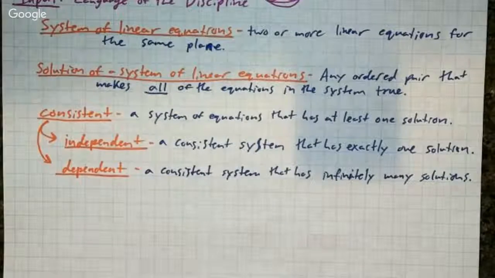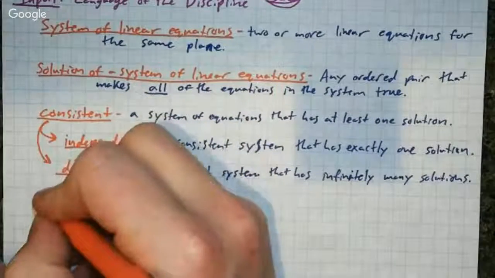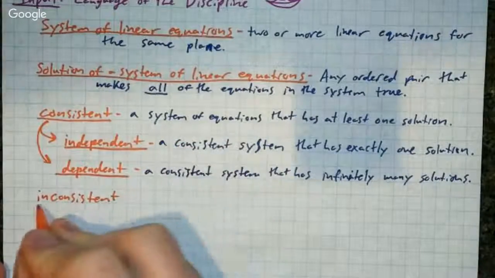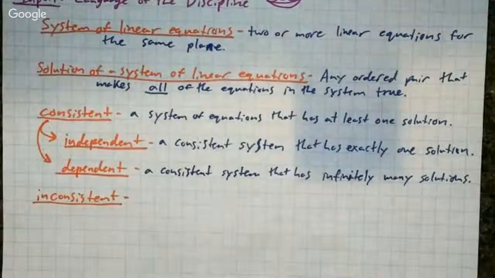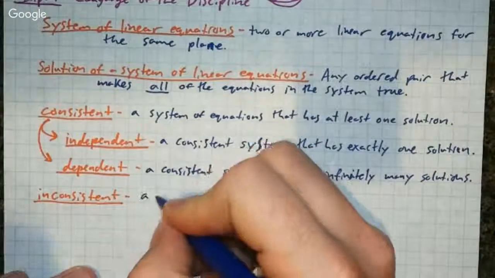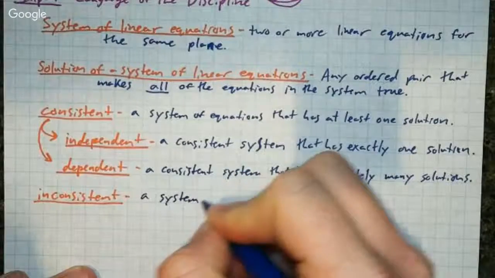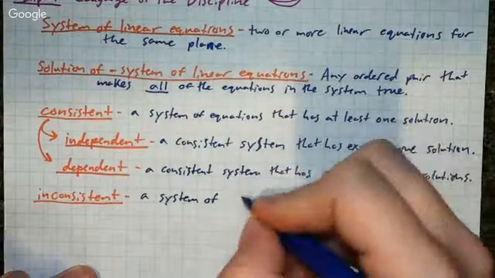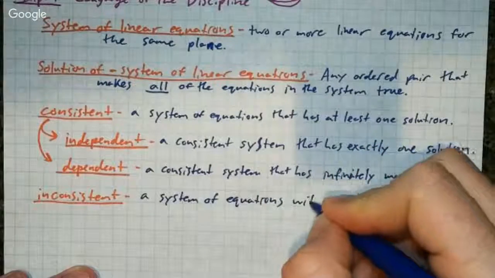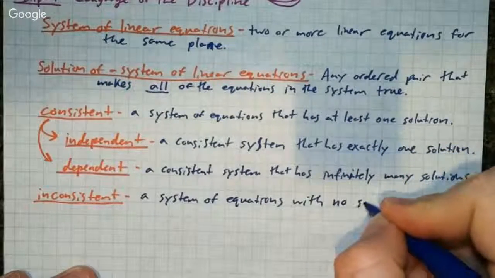And our last term today is going to be inconsistent. You may be able to guess what inconsistent would be as well, but I'll go ahead and write it. A system of equations with no solutions.